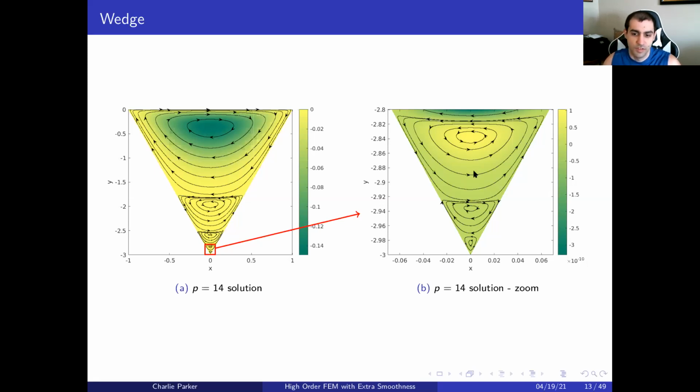Essentially we're resolving around a 10 to the 13 range of scales here. This first eddy is 10 to the 13 times larger than the last eddy that we see. It's very challenging to get this sort of resolution with any low order method. You would need quite a number of elements, whereas I'm just using 16 elements on this triangle.